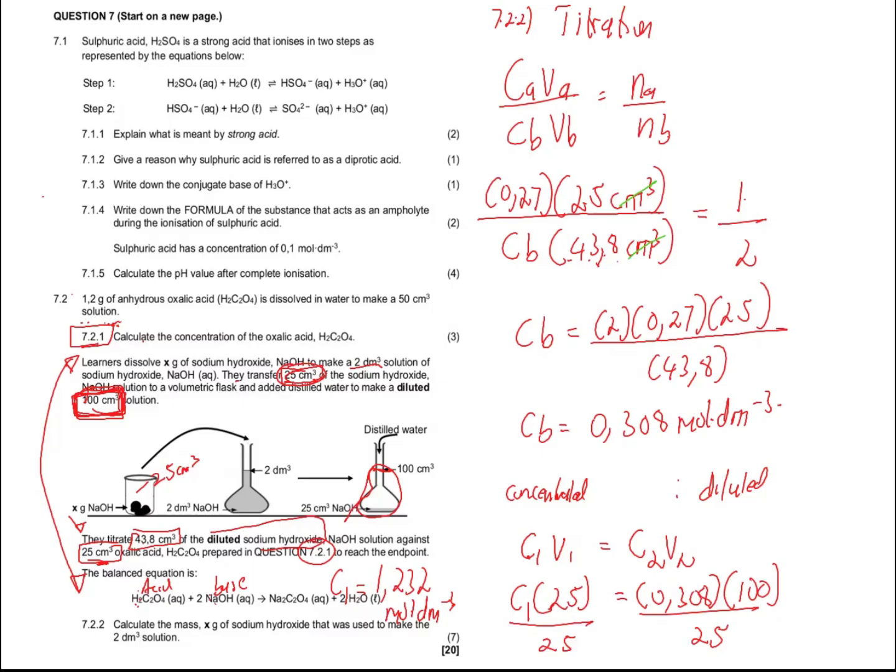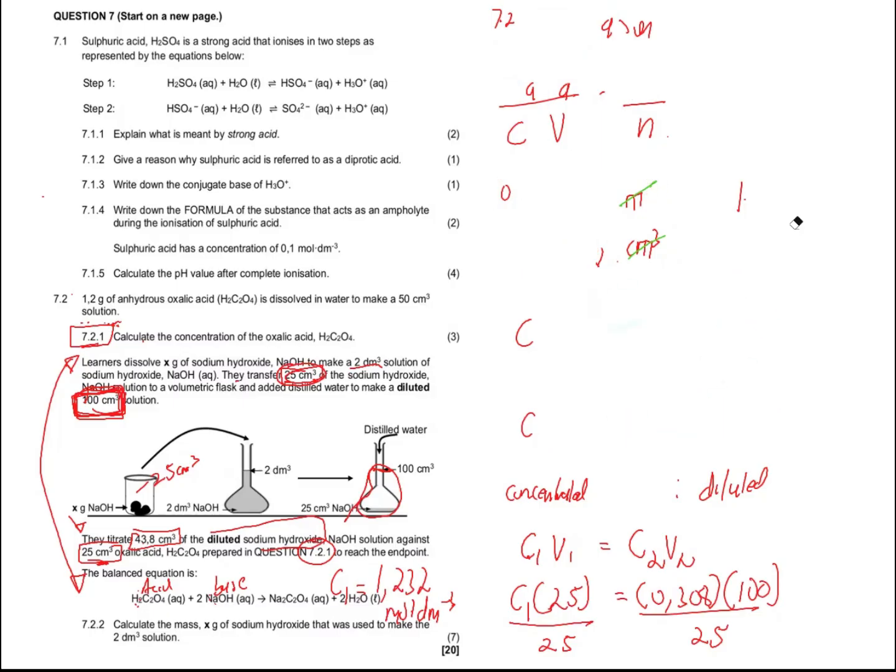We still need to calculate the mass, right? To calculate the mass, this is what we're going to do. So I believe you have written here the concentration C1 was 1.232 mol/dm³.